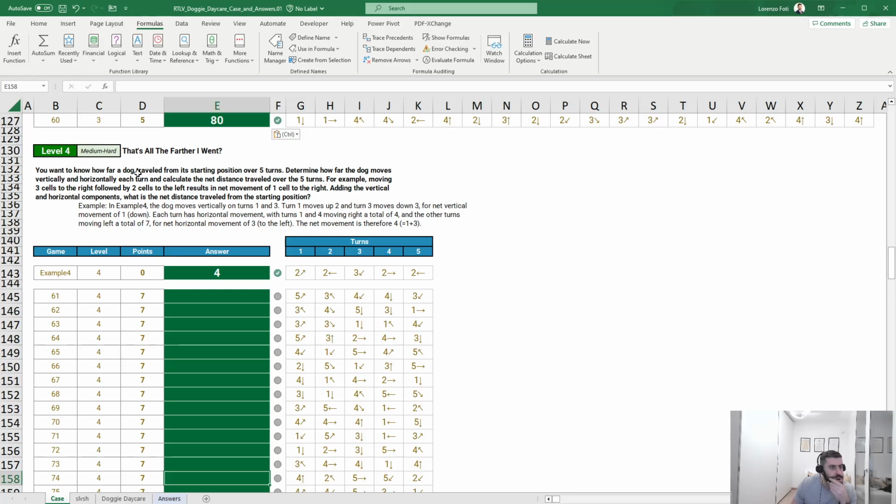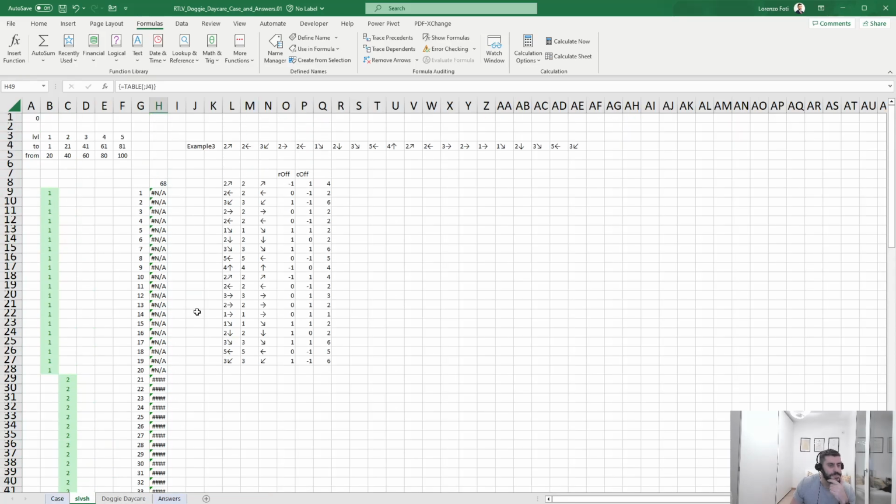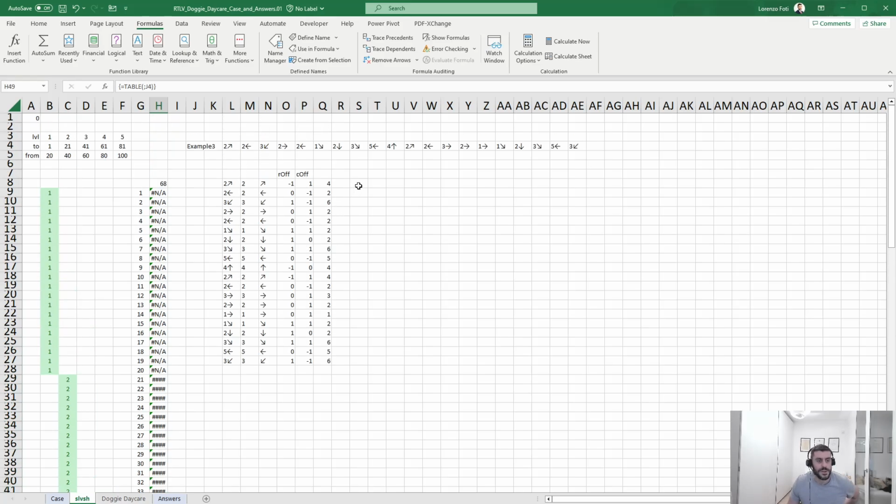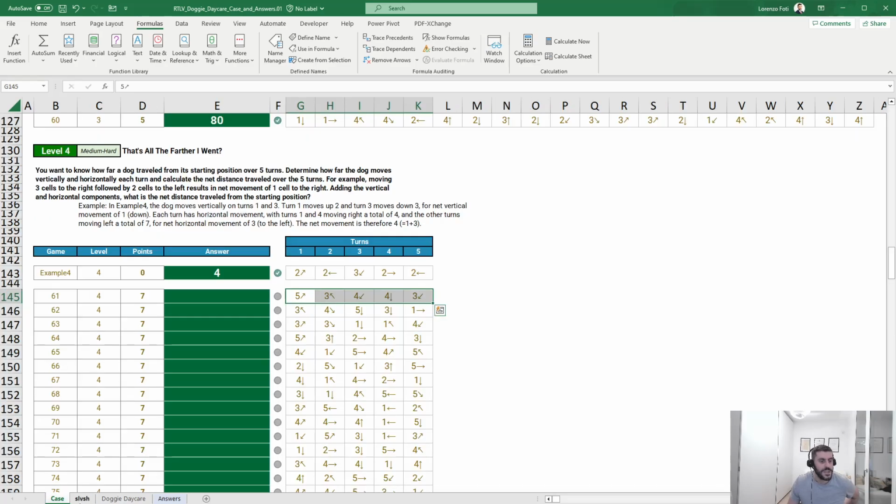You want to know how far the dog traveled? Okay. So basically, the idea is what I said a minute ago: how far the dog moves vertically and horizontally each turn, and calculate the net distance traveled. So if you go one cell right and then one cell left, the net distance moved, of course, is 0. In this case, I found it simpler to calculate the distance from the end cell to the start cell.